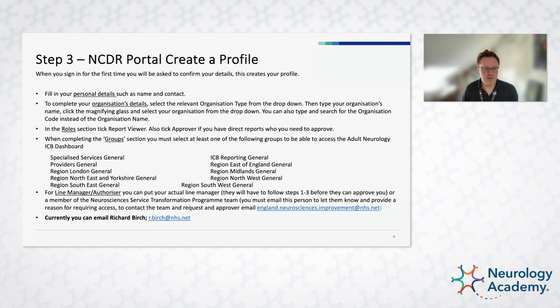You've got to select at least one of these in order to access the dashboard. They're fairly obvious when you go through the ones that you would tick anyway, but these are worth just making a note of, or at least a couple of those that you think you would use.